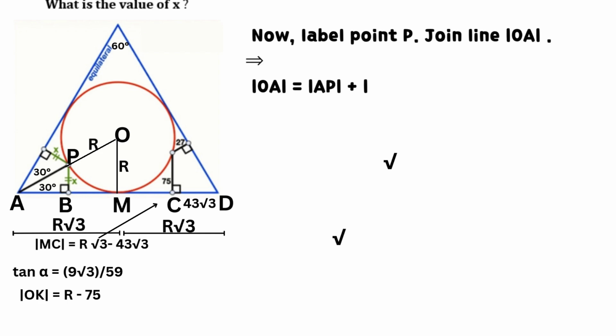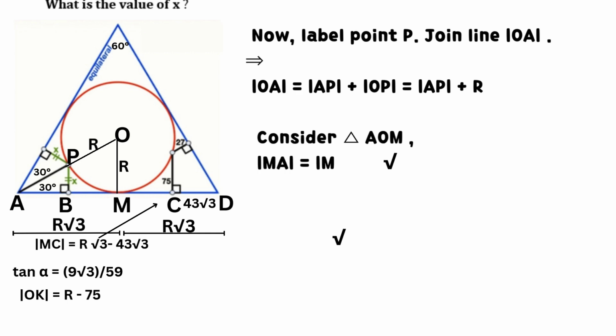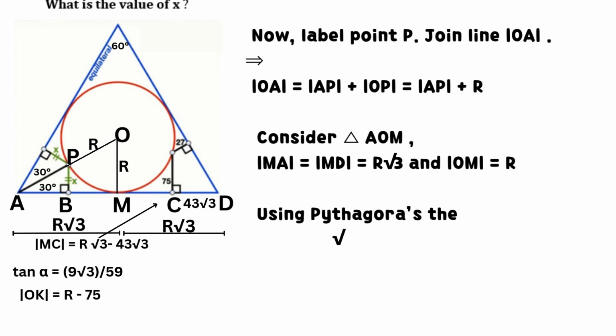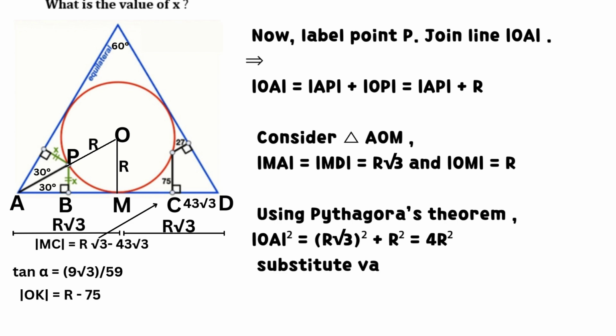Now, label point P and join line OA. It implies that line OA equals the sum of line AP and line OP, which equals the sum of line AP and R. Consider triangle AOM.